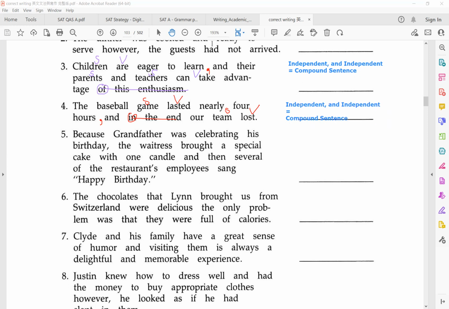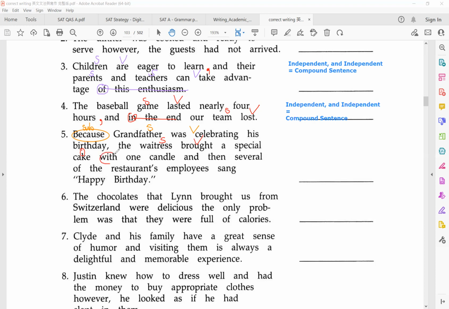Now, number 5 is a lot more difficult. It's a lot longer. Because, remember, because is our subordinator. So it makes the clause grandfather was celebrating his birthday dependent. And we have the waitress brought a special cake.